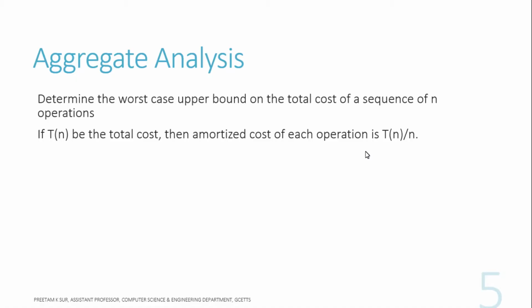So irrespective of the type of operation, this amortized cost is assigned. As in the example of the stack, we have push and pop operations, and a sequence of n push and pop operations. Once we perform the analysis and find that Tn is the total cost, we say that the amortized cost of push is Tn by n, and the amortized cost of pop is Tn by n as well.